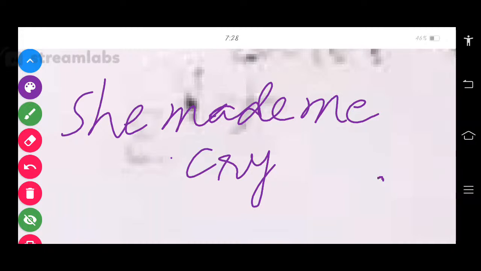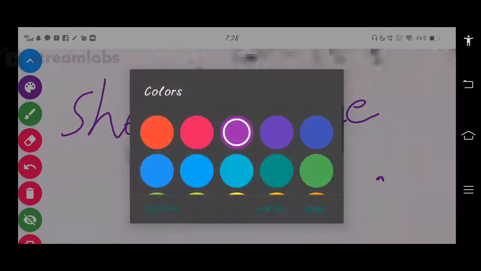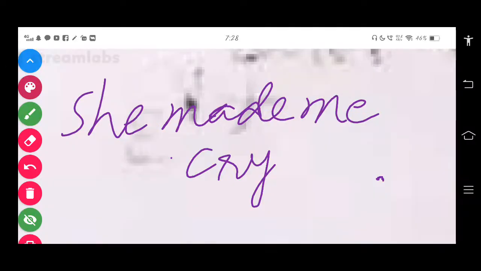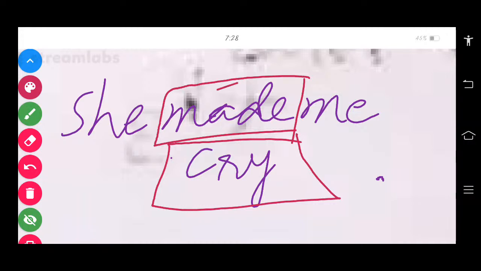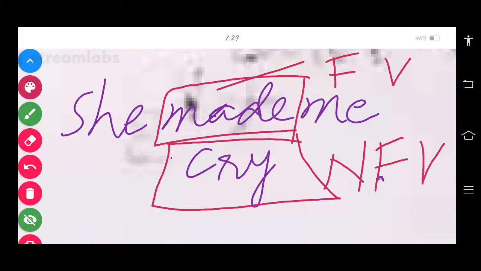In this sentence, made is the main verb. In simple terms, there are two verbs here, made and cry. Made is a finite verb and cry is a non-finite verb. As I discussed all these things, what are finite, non-finite, indefinite pronouns, stative verbs, we have discussed these topics in our previous classes.